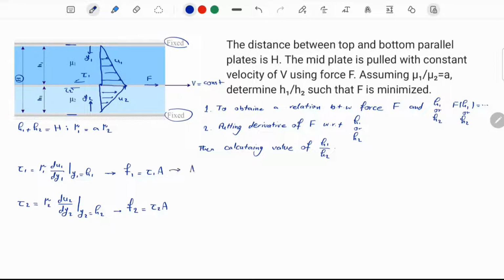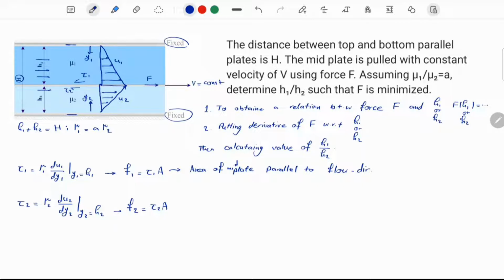A is the area of the mid plate parallel to the flow direction. This is our flow direction.